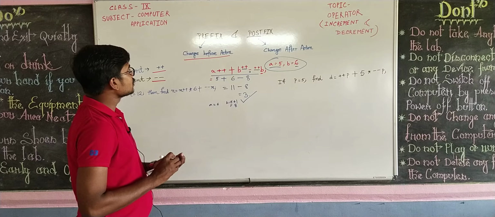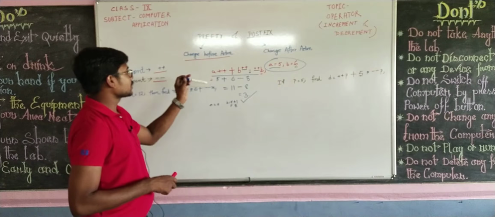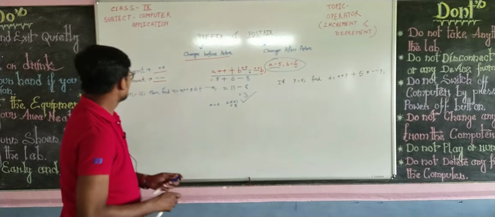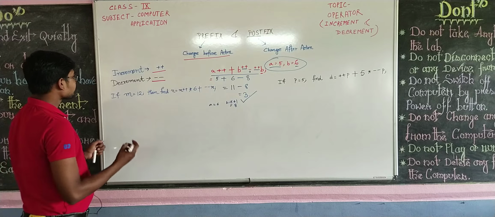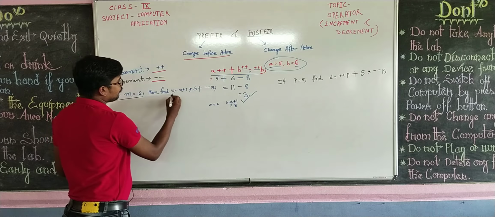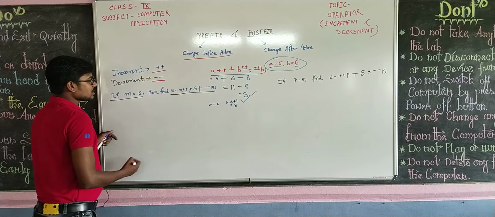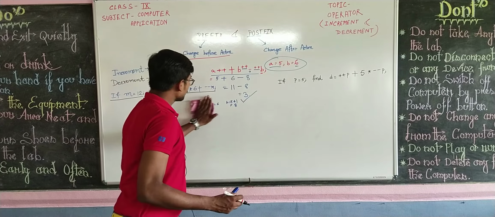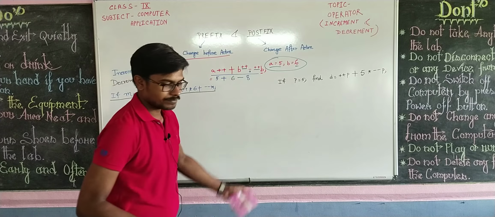In this way we will solve prefix and postfix operator expressions. Another example I have taken here, that is, if m equals to 12, then find the n equals to this equation. We will solve it. For this, just remove this place, it will be better.